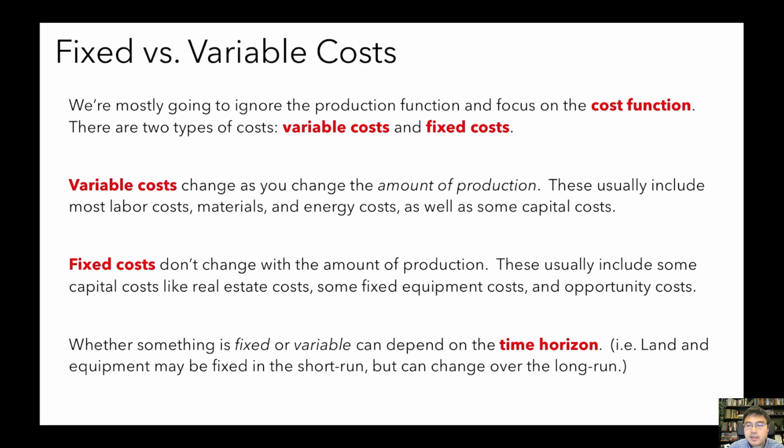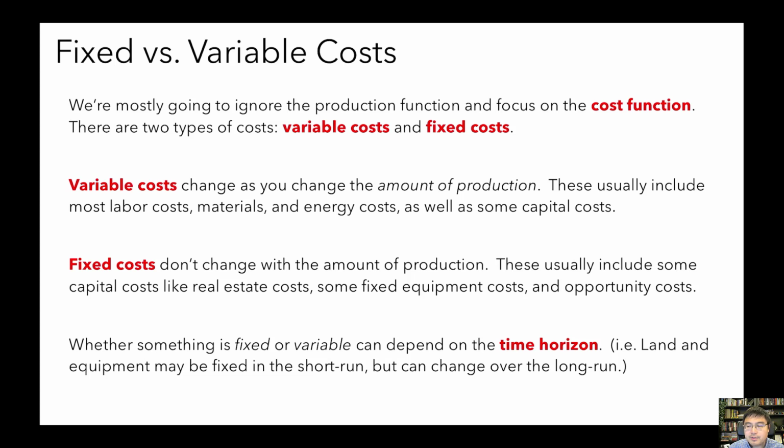Okay. And at this point, I want to describe 2 different types of costs, variable costs and fixed costs. A variable cost is a cost that changes when you change the amount of production. And so variable costs are usually going to include most labor costs, almost all material costs, and most energy costs, as well as some capital costs.